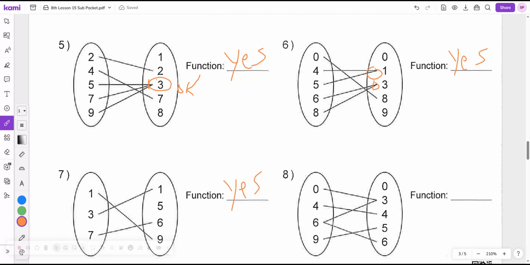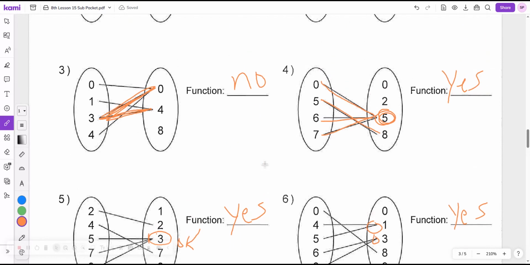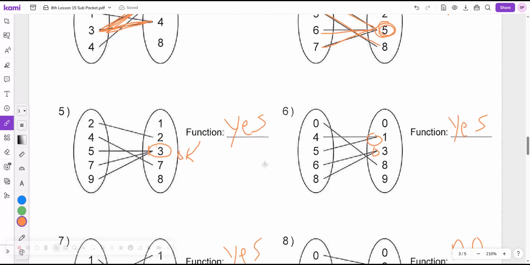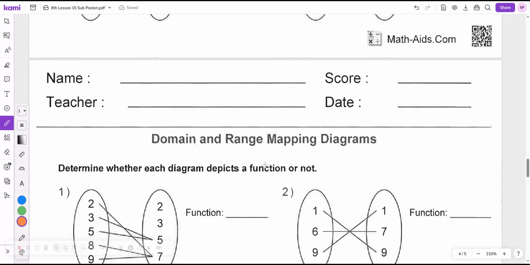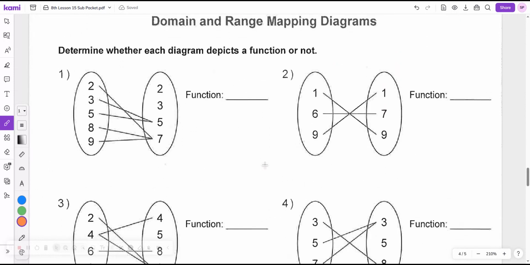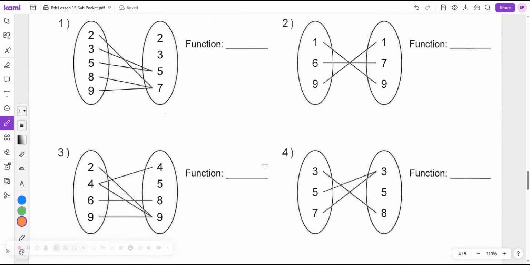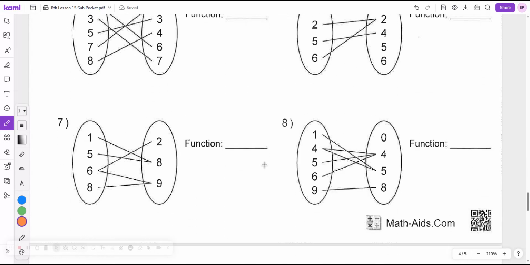And finally, 8. Nope. Right there. That's 6 giving out those 2 different answers. You can't have that. All right? So hopefully you understood that. And then you're going to try this page on your own. Again, it's just yeses and nos, looking at if there's any repeats.